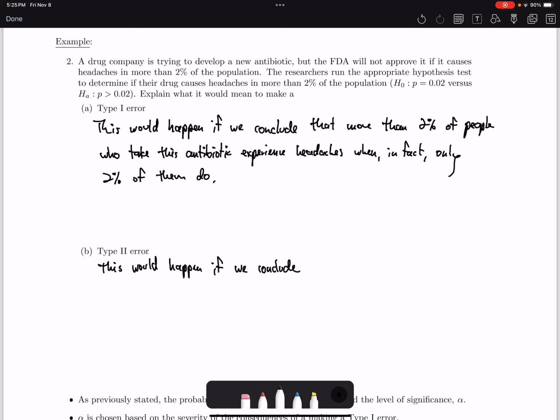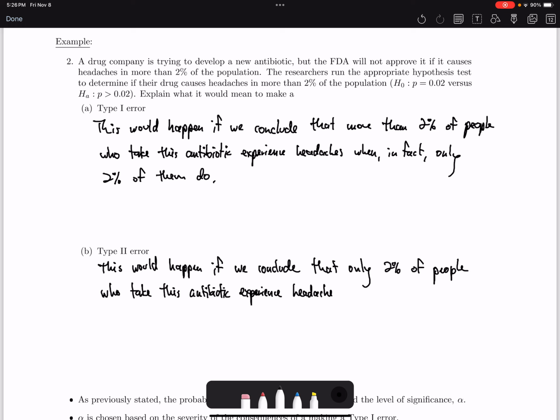This would happen if we conclude that only 2% of people who take this antibiotic experience headaches, when, in fact, only 2% of them do. Okay, so that's type 1 and type 2 errors.